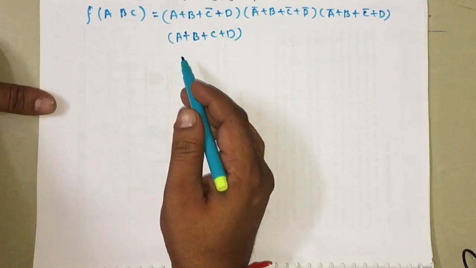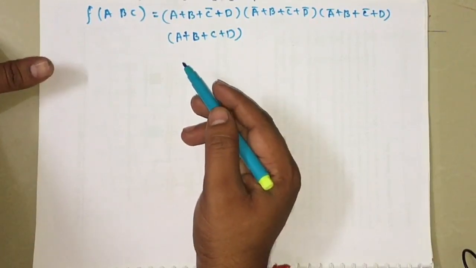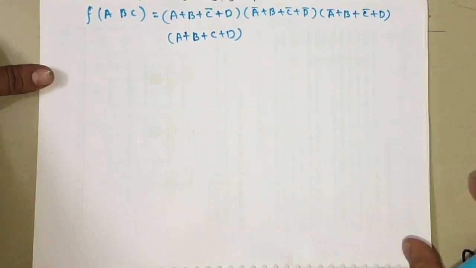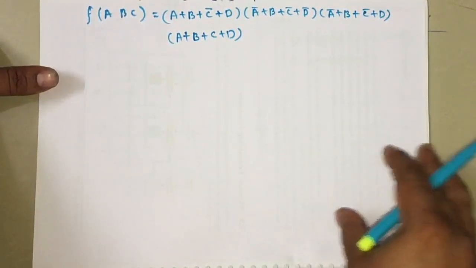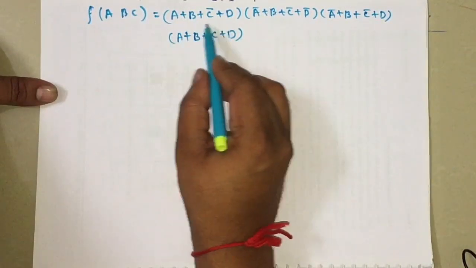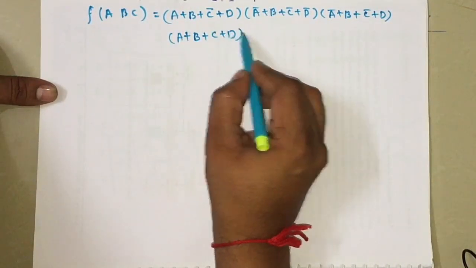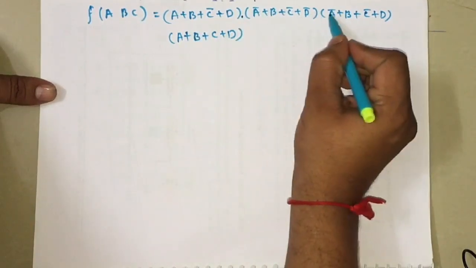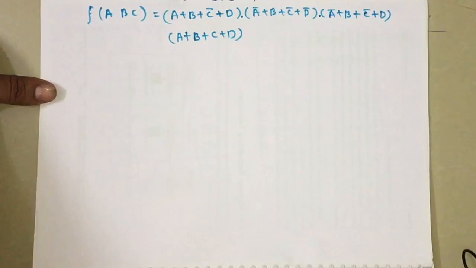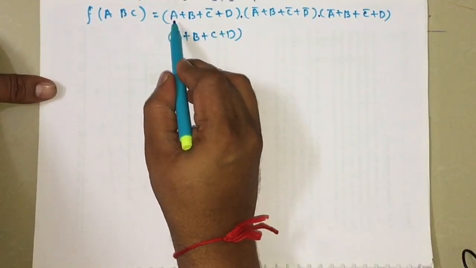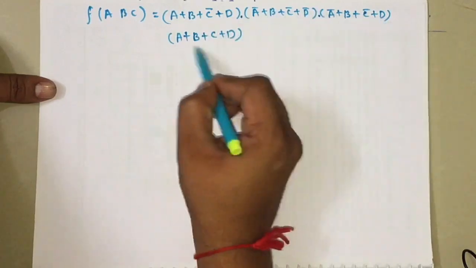For this, first we need to find out how many literals are there. First you need to check whether the equation is in standard POS form or not. As you can see, these are the sum terms and we have taken the product, so this is in POS form, a product of sum terms. These are the sum terms 1, 2, 3 and 4.